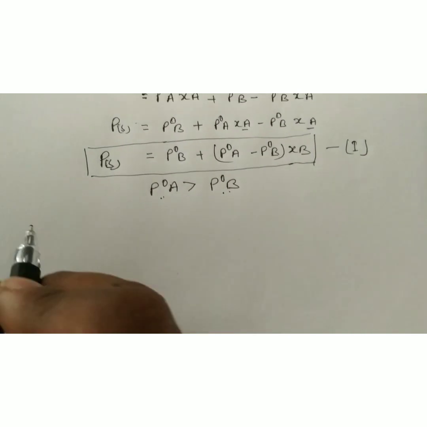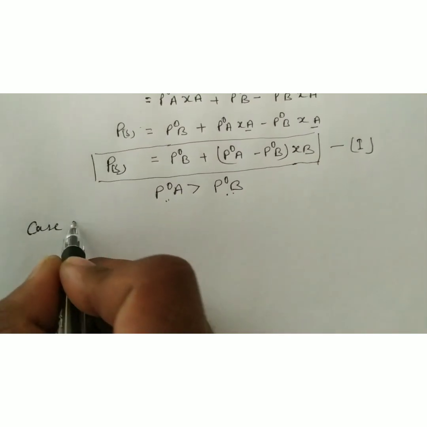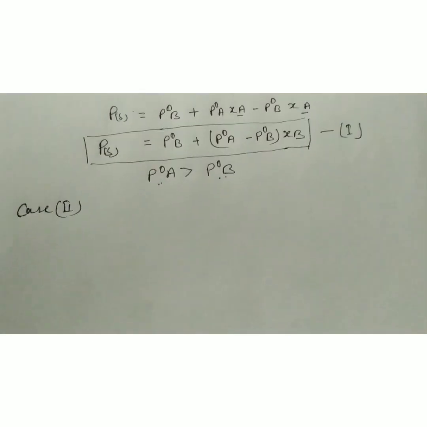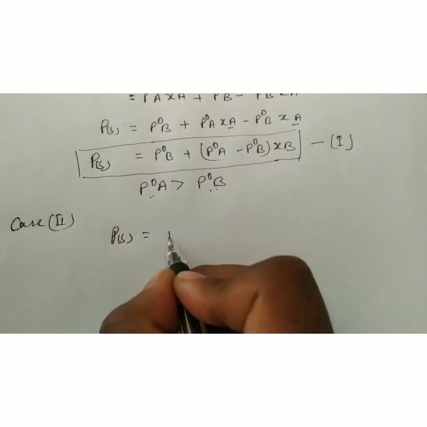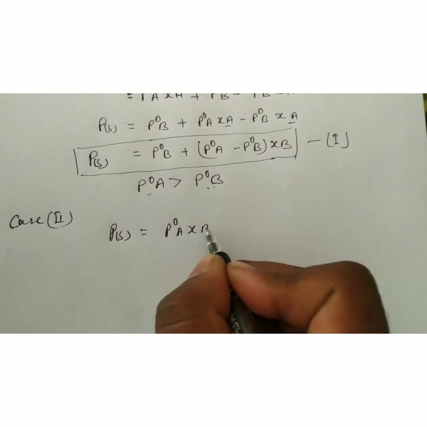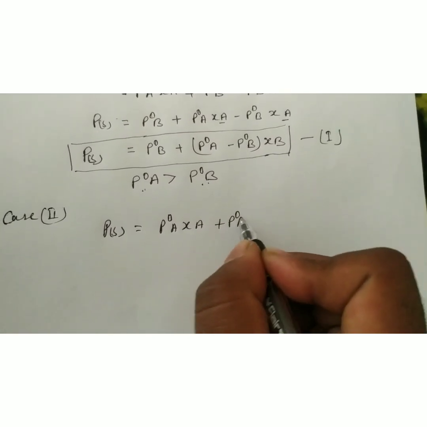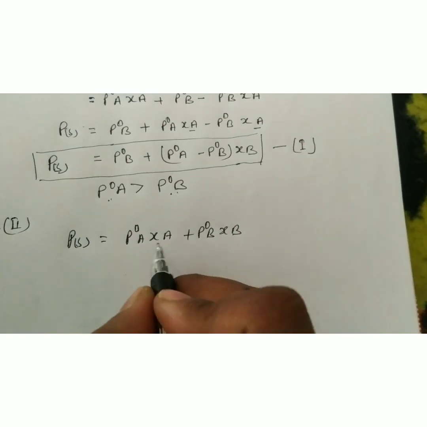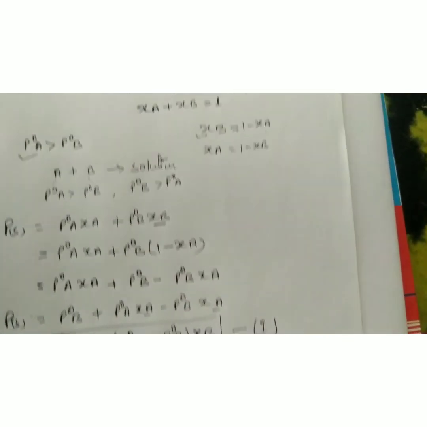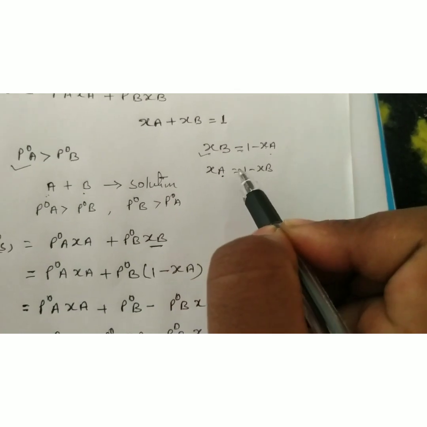Okay, now come to the second case. Case second: the total pressure of solution is equal to P naught A XA plus P naught B XB. Then put the value of XA, where XA equals 1 minus XB.